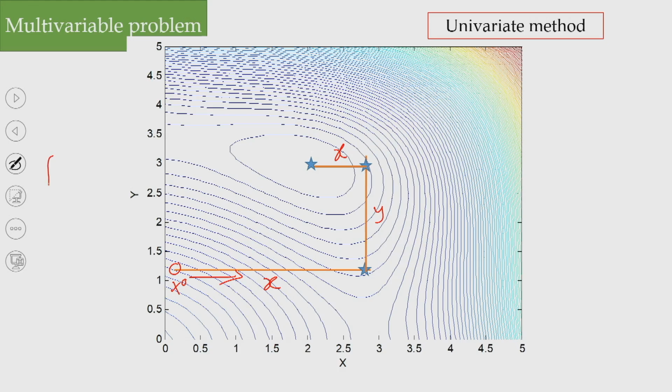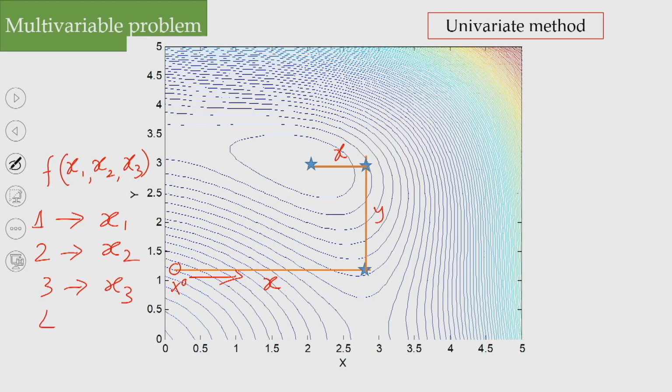Suppose your function has 3 variables, x1, x2, x3. In the first iteration you will go along the x1 direction, in the second iteration along x2, in the third iteration along x3, and then if you are not getting your optimal solution, in the fourth iteration again along x1, in the fifth iteration along x2.